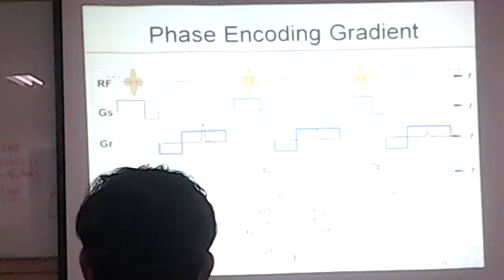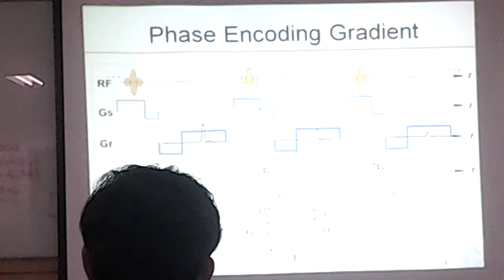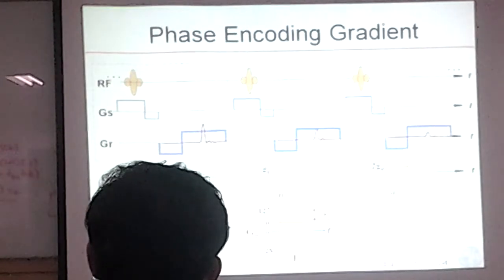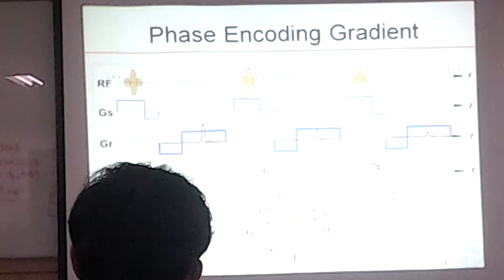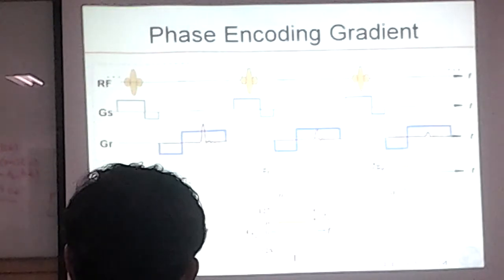Okay. This slide shows how you can get the MRI data using the MRI pulse sequence I explained before. So this dashed line is the pulse sequence for slice selection and the readout gradient. And this box is repeated many times with different phase encoding gradients.